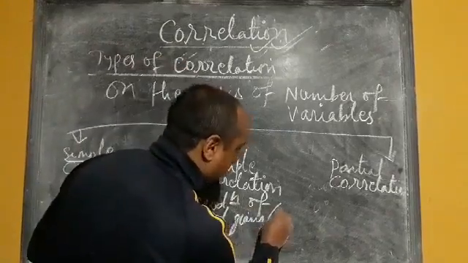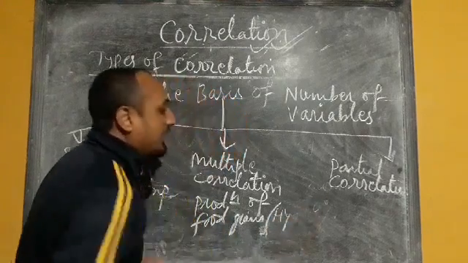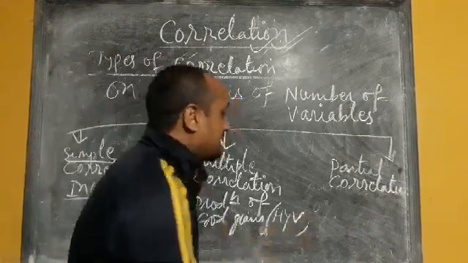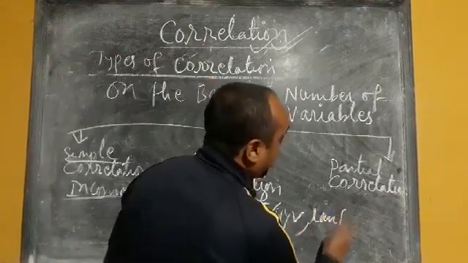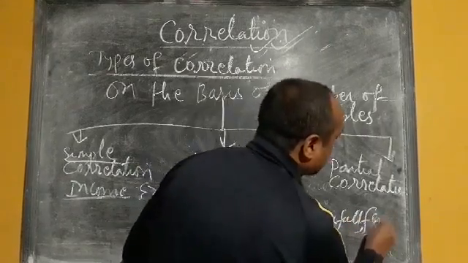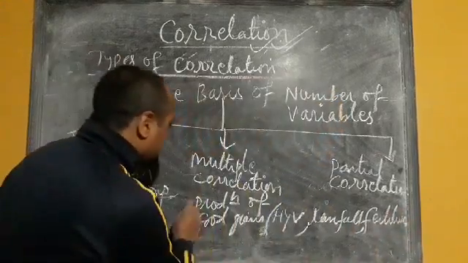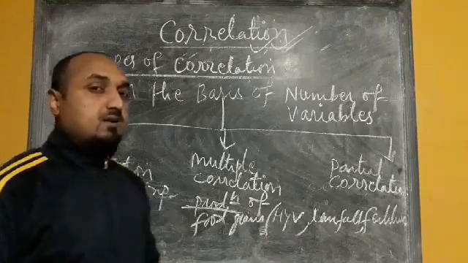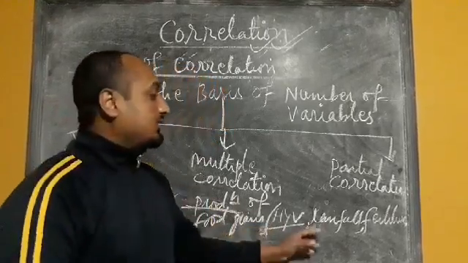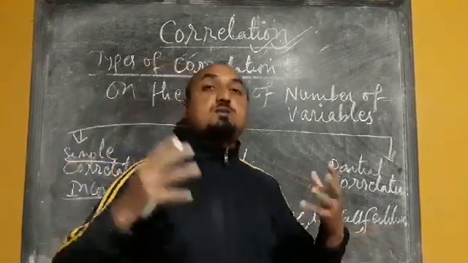Number one, we have high yielding variety of seeds. Then next one we have rainfall. Next one we have fertilizers. So here we can see that production of food grains depends on many variables: high yielding varieties of seeds, amount of rainfall received, and the amount of fertilizers used.